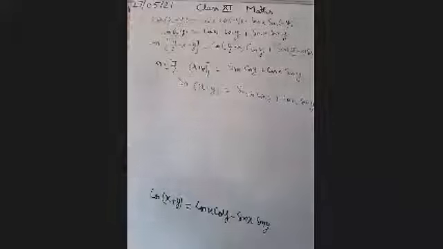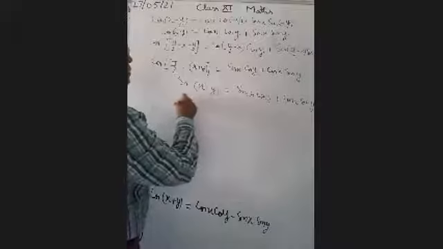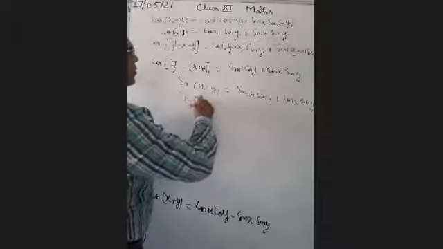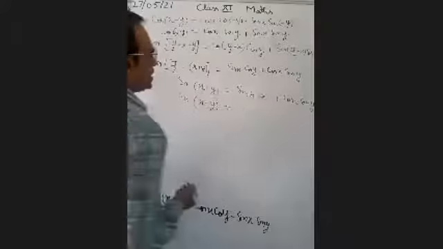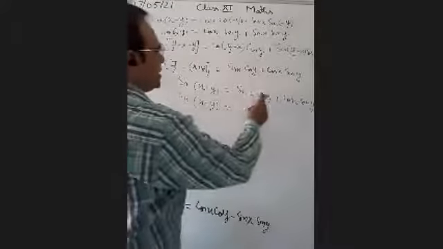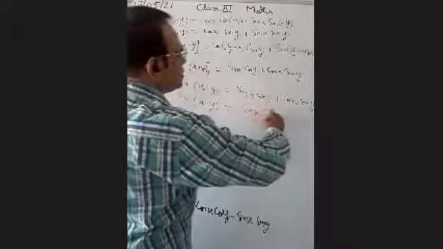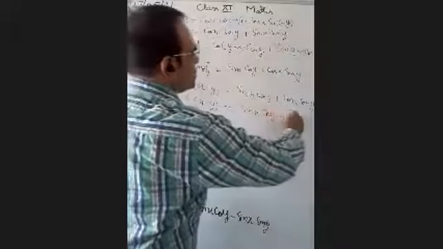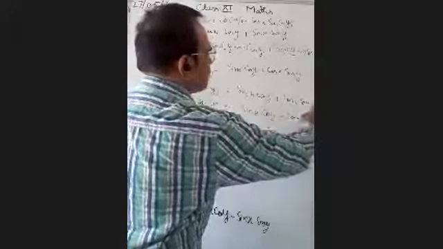Similarly, we can find sin(x − y) by putting minus y in place of y. Directly, sin x cos(−y) is sin x cos y, and minus cos x sin y. Why minus? Because sin(−θ) = −sin θ.